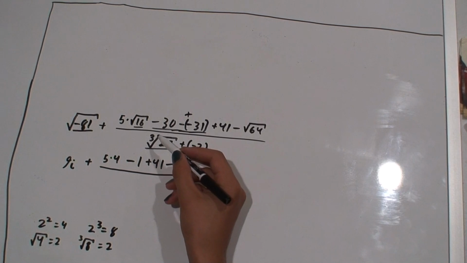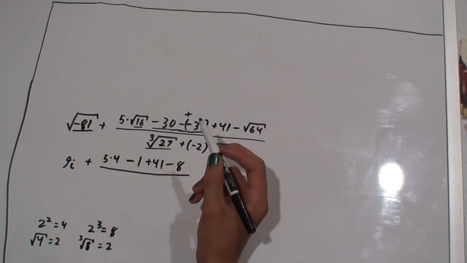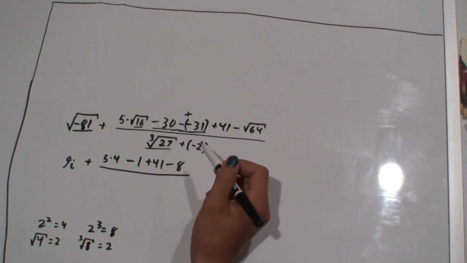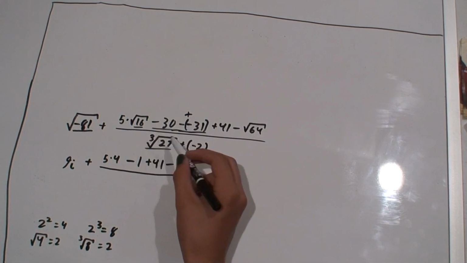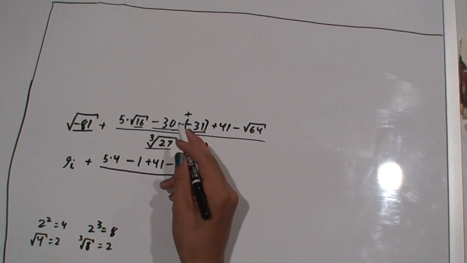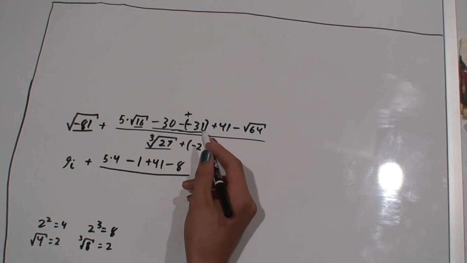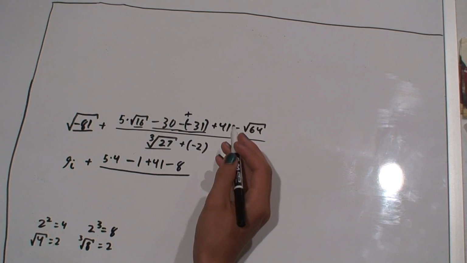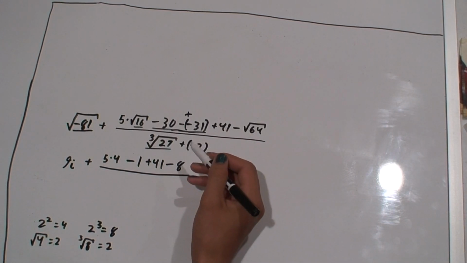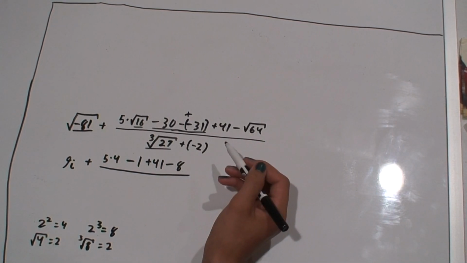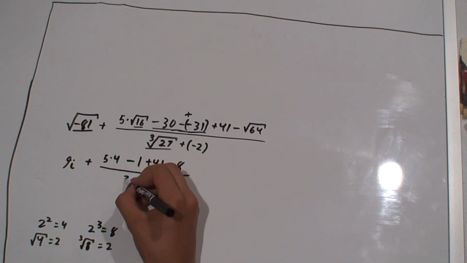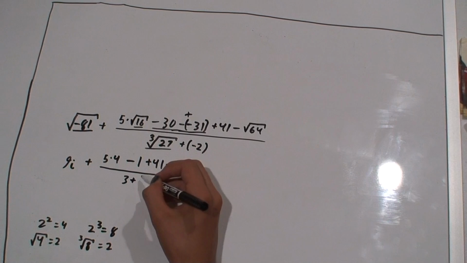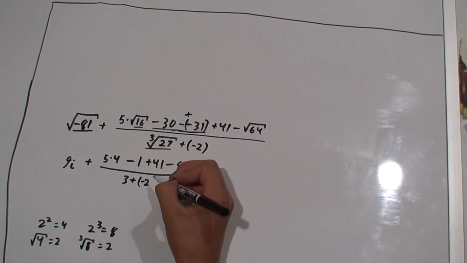So you need to find out what is the same number that can be multiplied by itself 3 times to equal 27. So if you look at it, 27 can be represented as 9 times 3. 9 is 3 times 3. So 3 times 3 times 3 is 27. Then we have 3 plus negative 2.